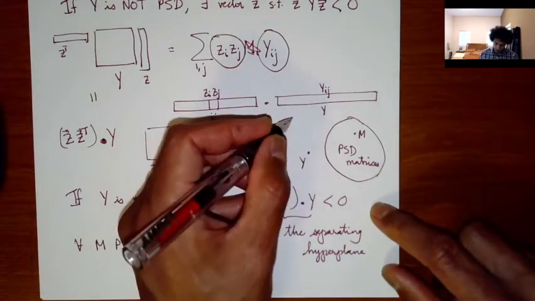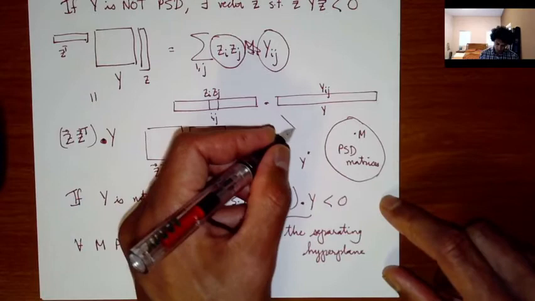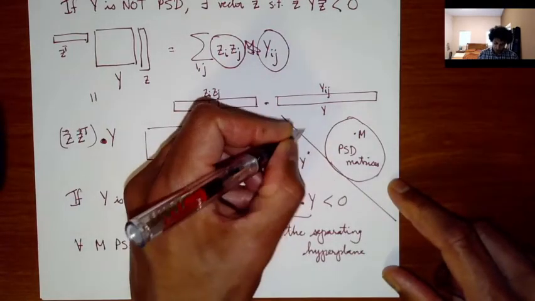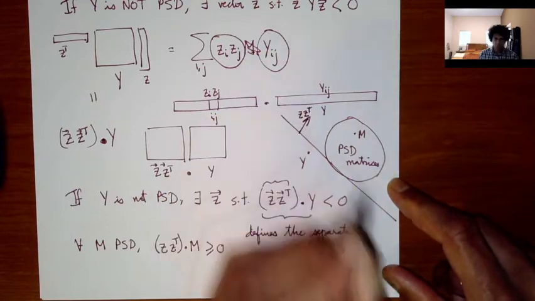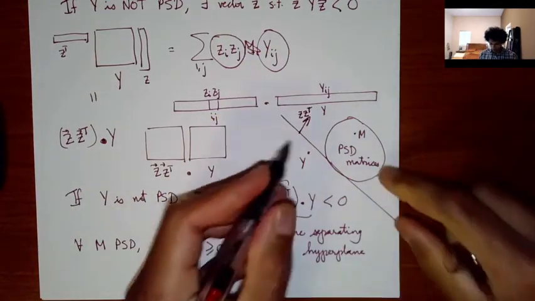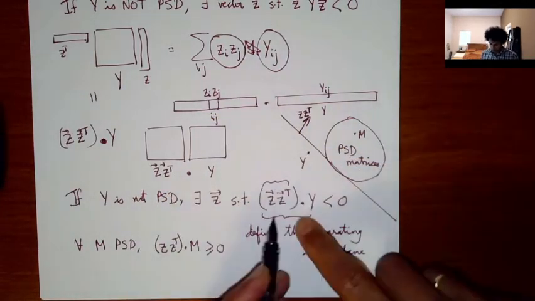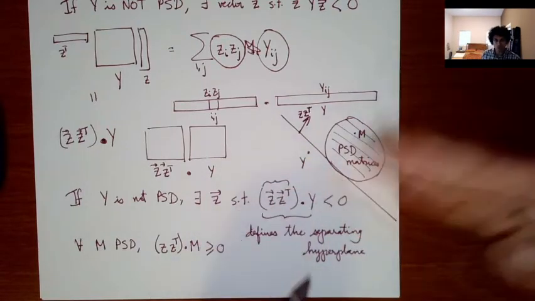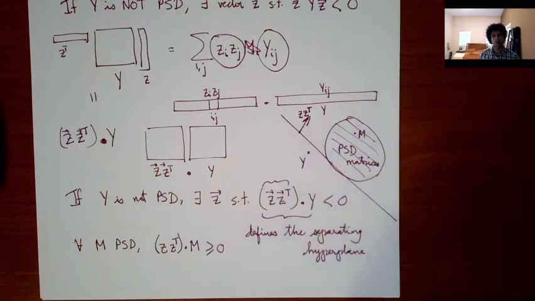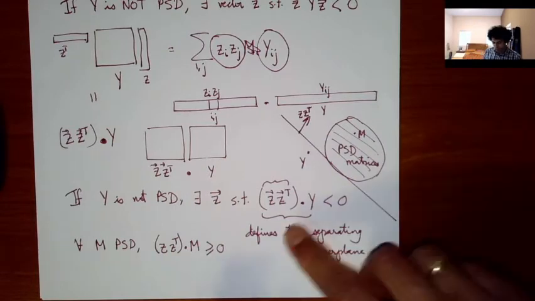So think of ZZ transpose as this direction here, because any vector defines a normal. Y is on the negative side, but all the PSD matrices are on the positive side, and that's a separating hyperplane. Yeah, I think it makes sense now. So hopefully this picture helps.